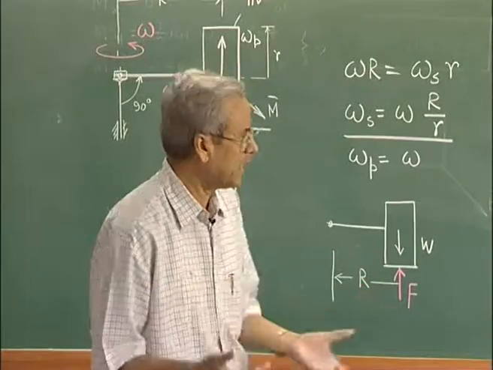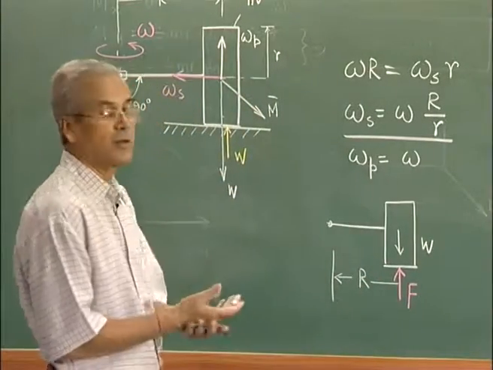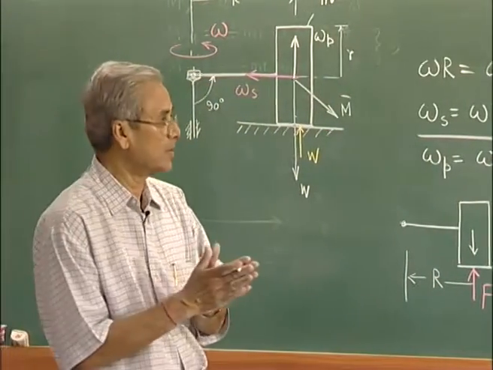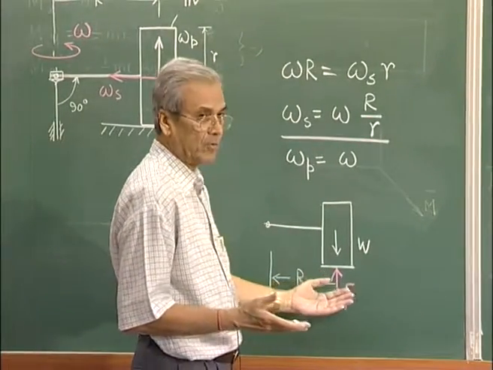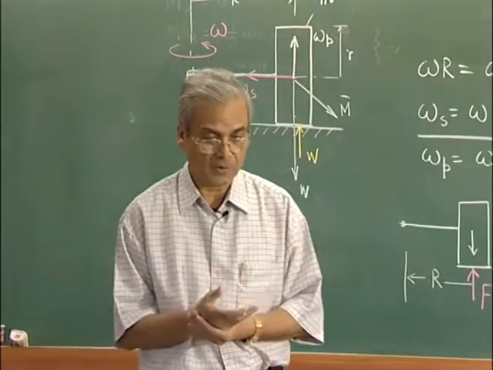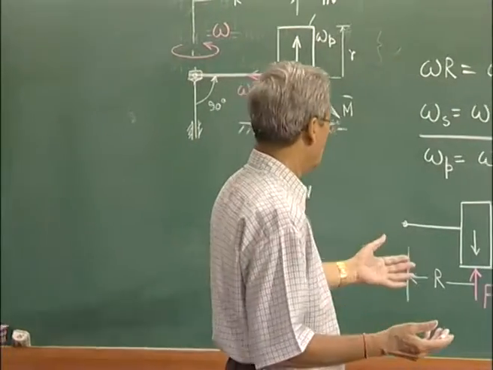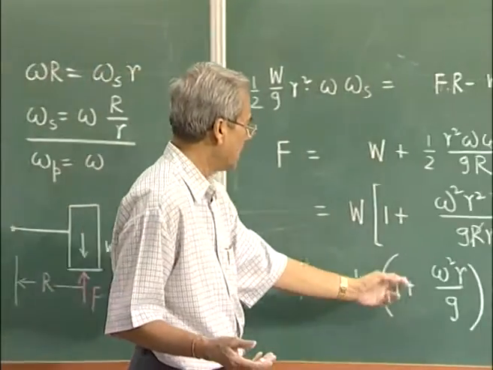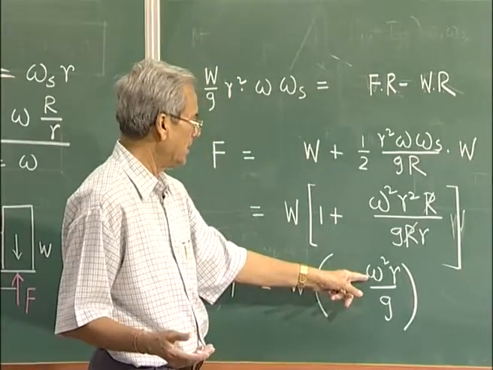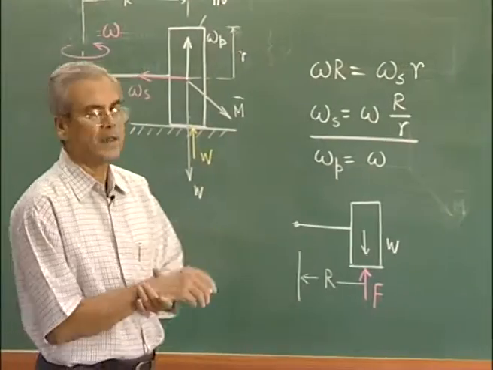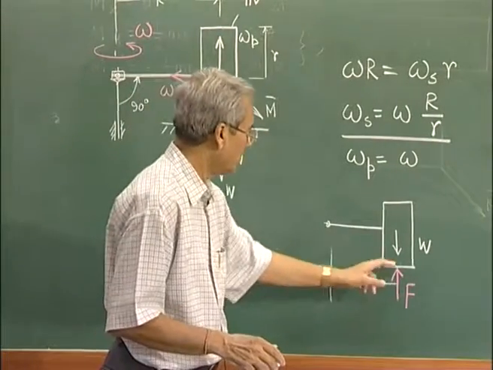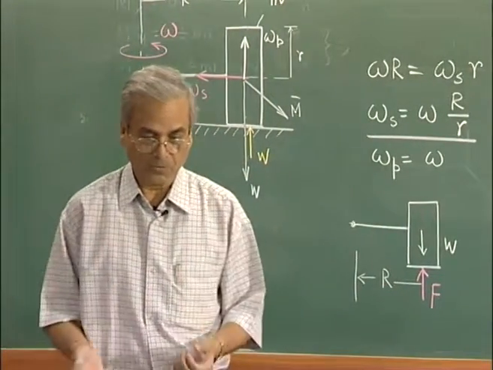That means the gyroscopic effect here has helped to produce a crushing force which is more than the weight of the roller, which normally we expect to be the crushing force, and the magnitude of the increase depends on the speed. For a higher angular speed, we can generate a higher crushing force without increasing the weight of the roller.